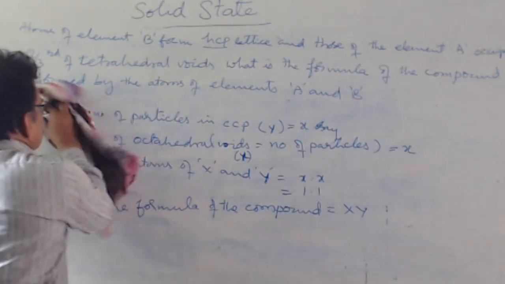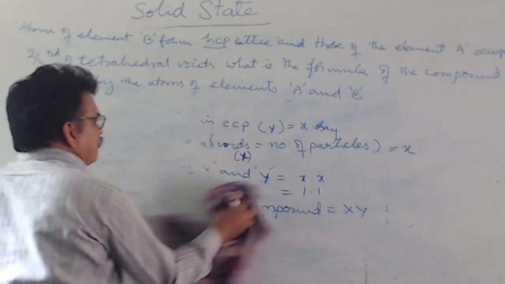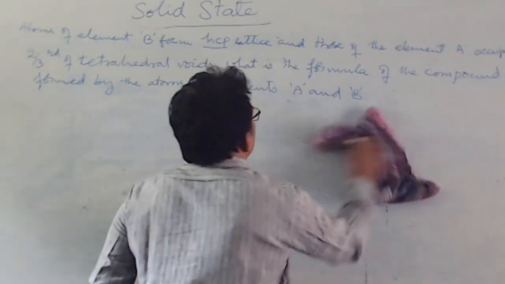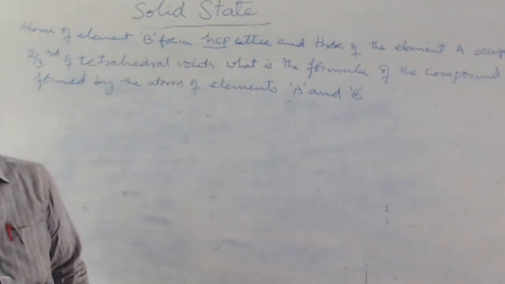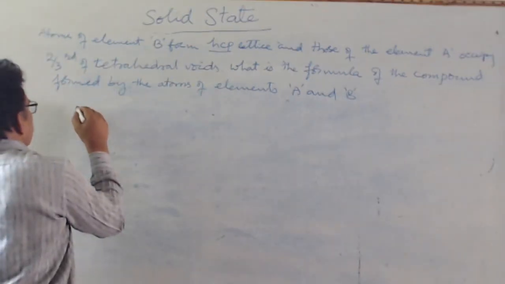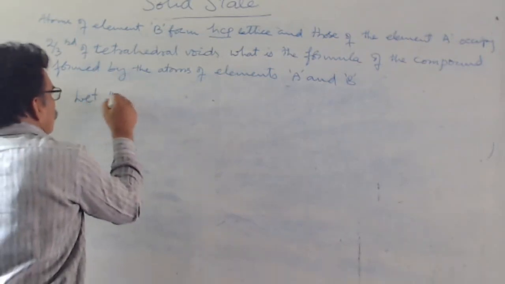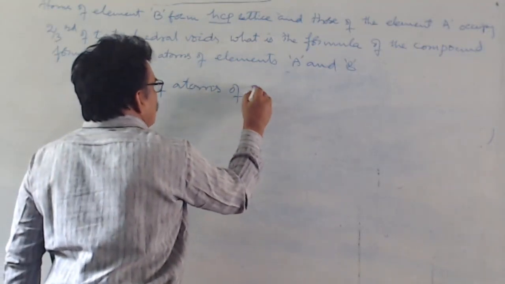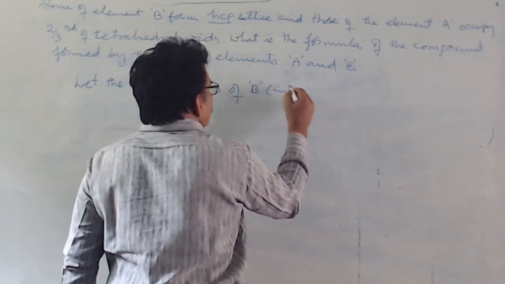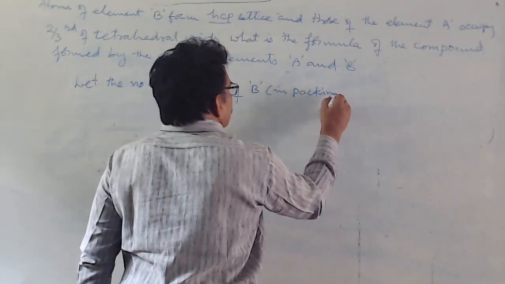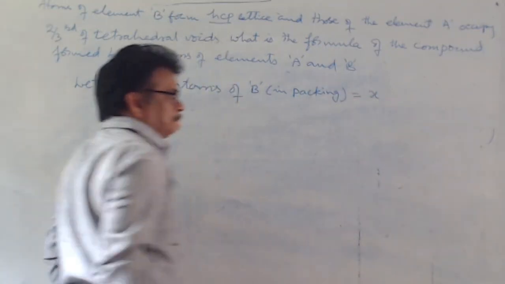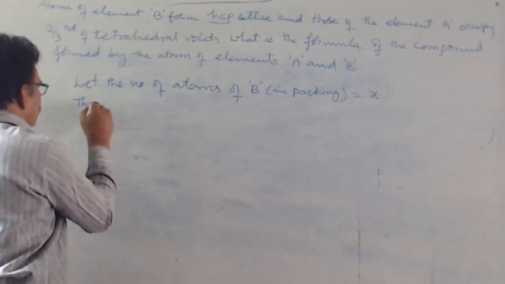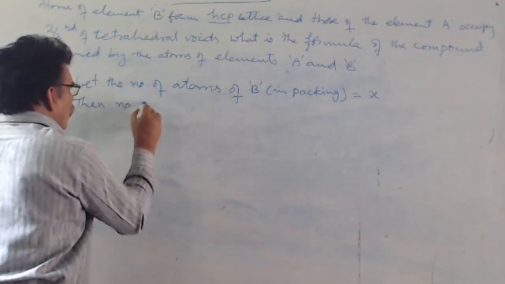So if we take the solution for this question, which atoms are in packing? B atoms are in packing. Let the number of atoms of B which are in packing be small x. If the number of atoms is x, then what is the number of tetrahedral voids?